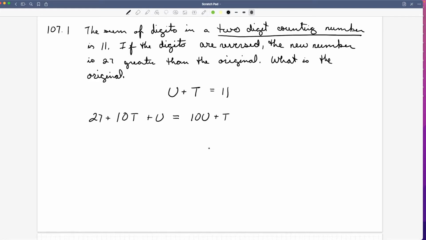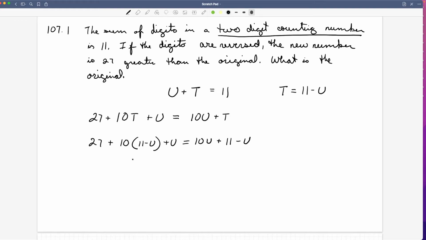So what we're going to do is create a substitution here by saying t is equal to 11 minus u, because we subtracted u from both sides. So now we have a substitution value for t, and we can go ahead and put that in here. 27 plus 10 times 11 minus u plus u is equal to 10 times u plus 11 minus u, because that's the value of t.